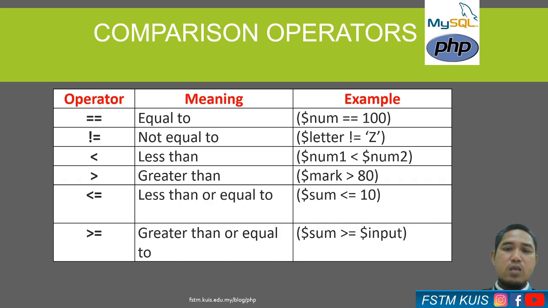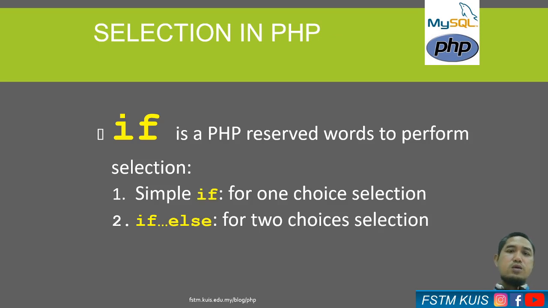How about if sum is 1 and input is 5? The comparison is 1 greater than or equal to 5. 1 is not greater than 5 and 1 also is not equal to 5, so you will get false as the result of the comparison operator.